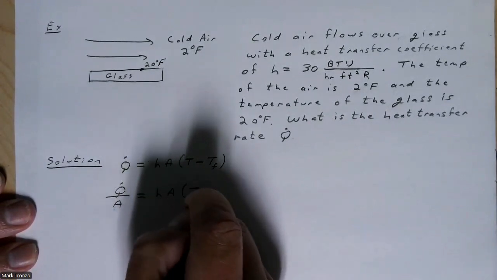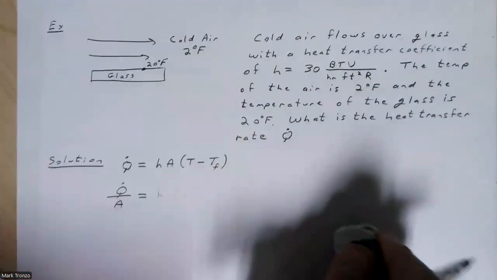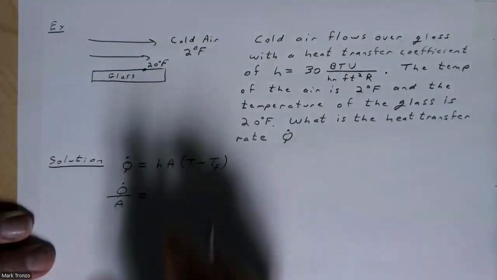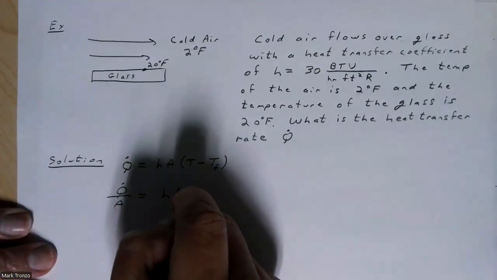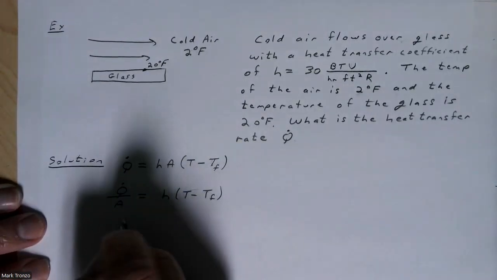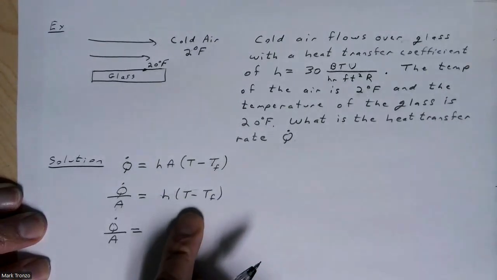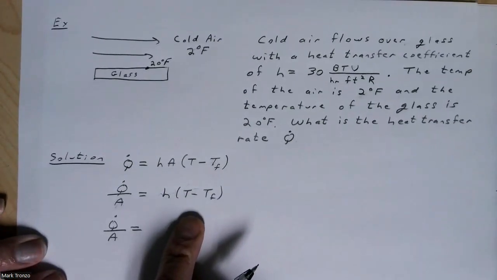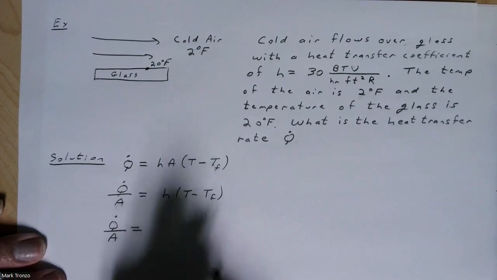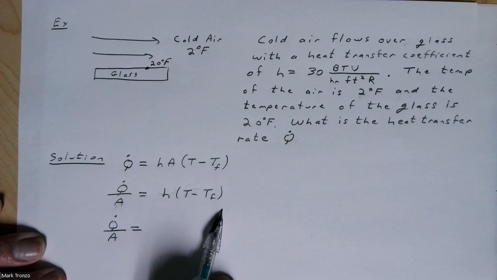Q over A equals h(T minus TF), like this. And then if we substitute our values in, now since this is going to be a difference, we can keep it in Fahrenheit because the difference between two temperatures in Fahrenheit is going to be the same as the difference between two temperatures in Rankine.